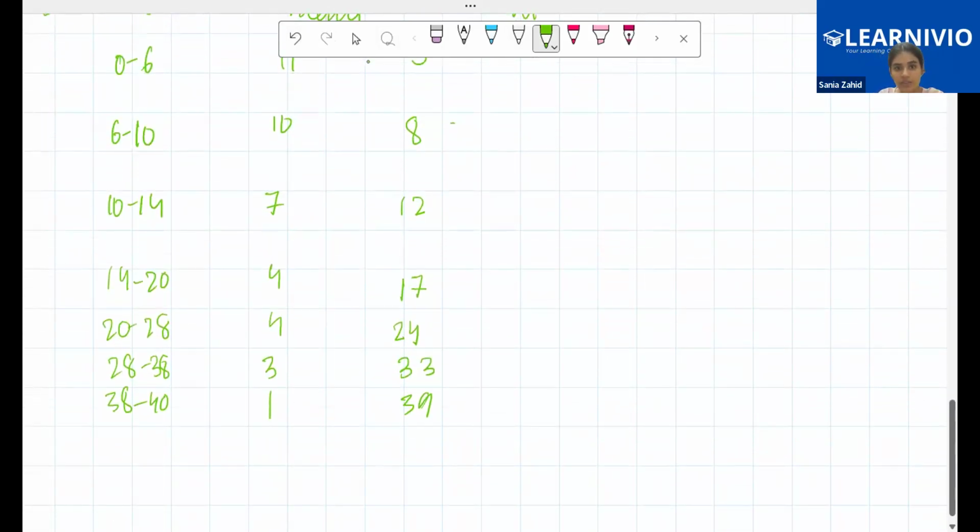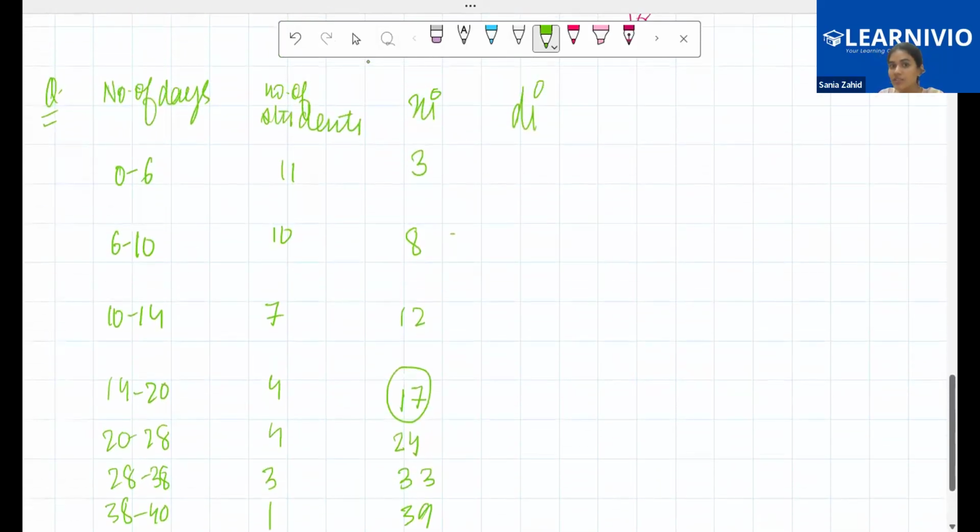So you have three values here, so 17 can be the mean. So the deviation is first 3 minus 17. Find the deviation. What is the deviation? 17 minus 3 is 14. No, it's minus 14.